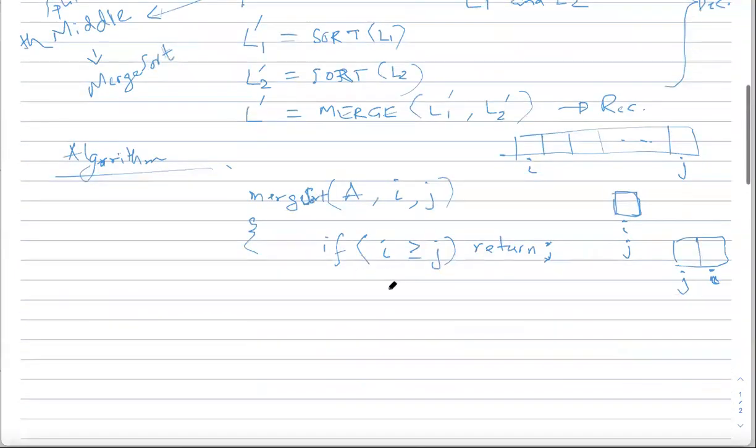If you have to break it down in the middle, we have to find the mid index, which is going to be equal to (i plus j) divided by 2. This is very similar to the step that we take in binary search.